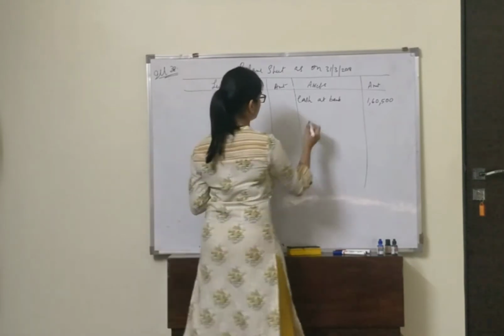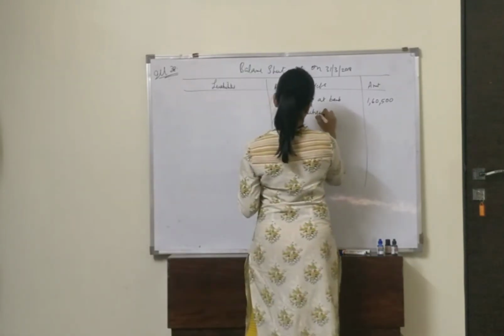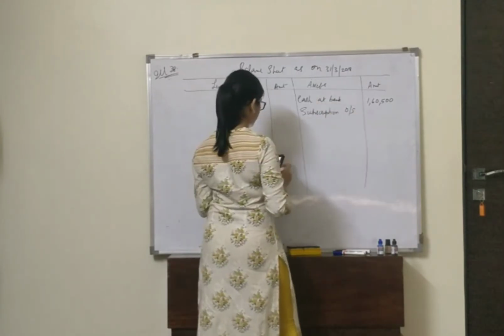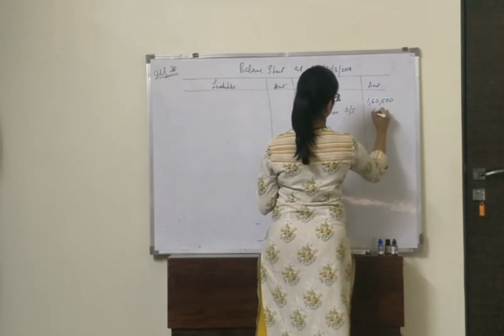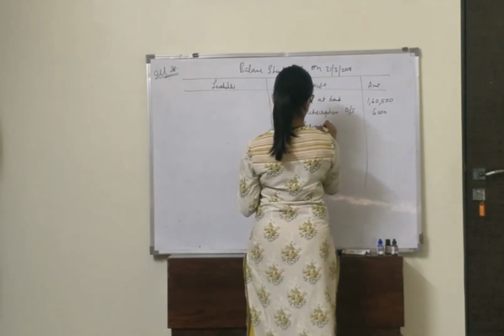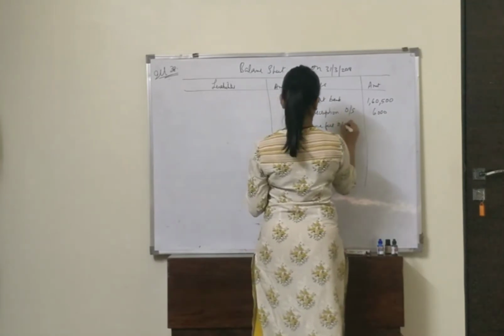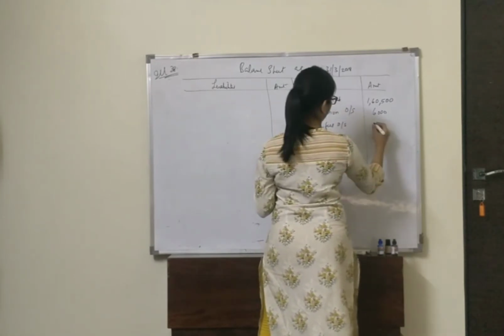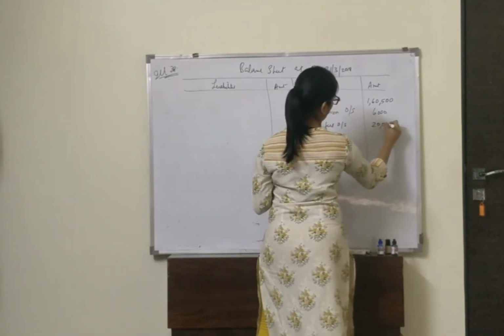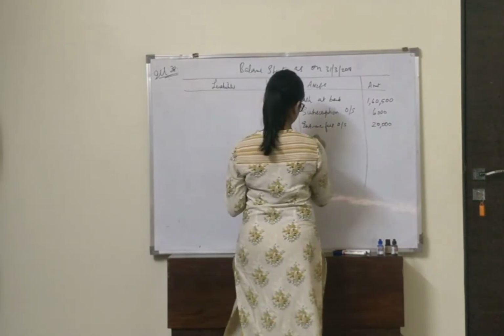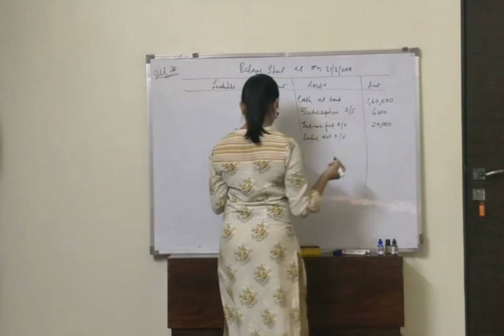Then we have subscription outstanding. Under our receipt side 2017-18, it is 6,000. Then we have entrance fees outstanding. Receipt side 2017-18 under our entrance fees 20,000. Then we have locker rent outstanding.